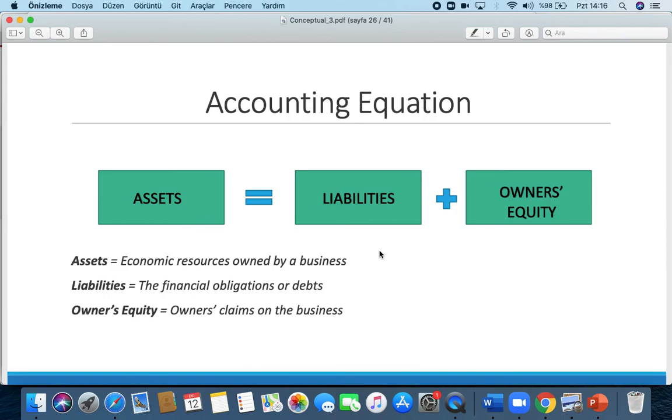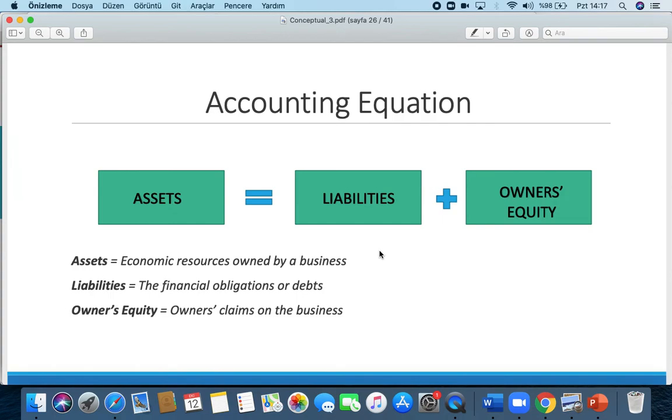So the company can consume it, can use it to purchase some materials, maybe office equipment, pencils, chairs, tables, okay? And the company owns that cash.